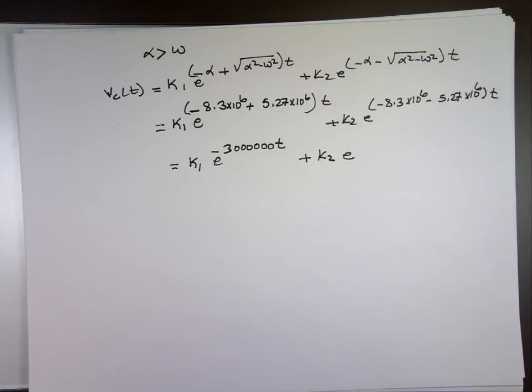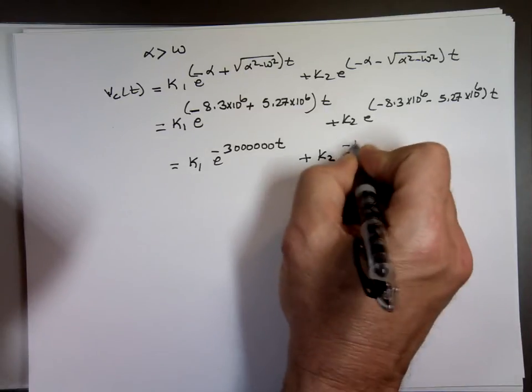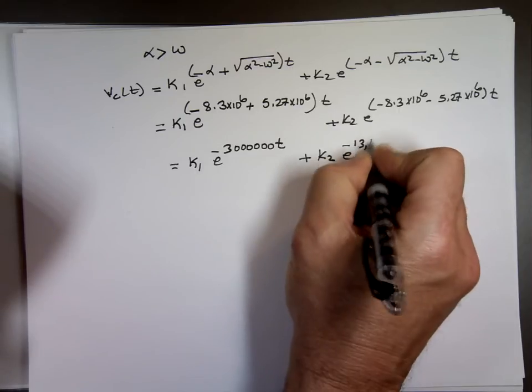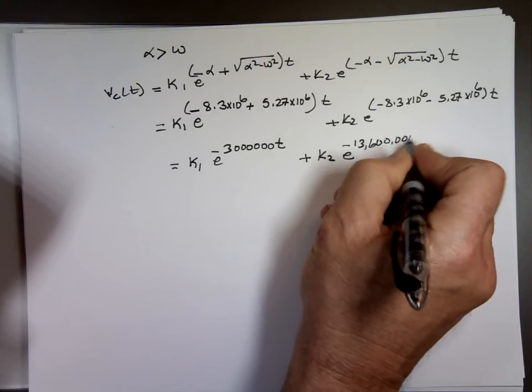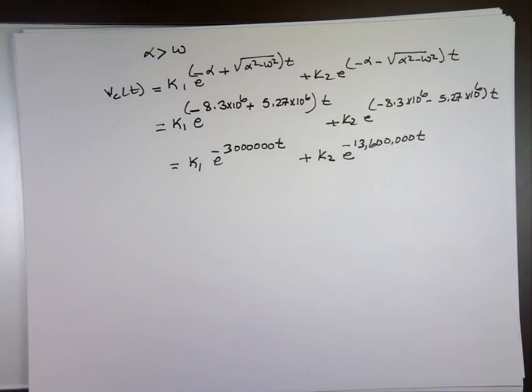Negative 8.3 minus 5.3, negative 13,600,000, or somewhere like that. 13.6 times 10 to the 6, 3 times 10 to the 6.